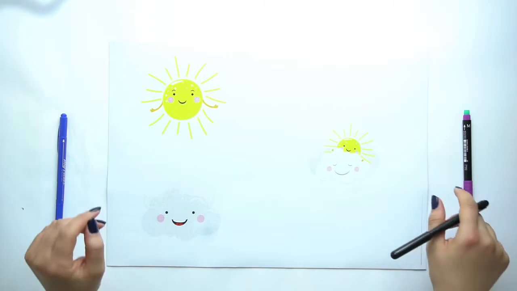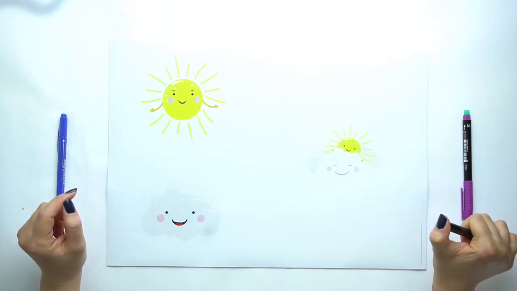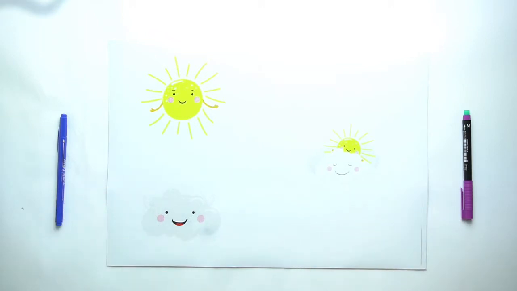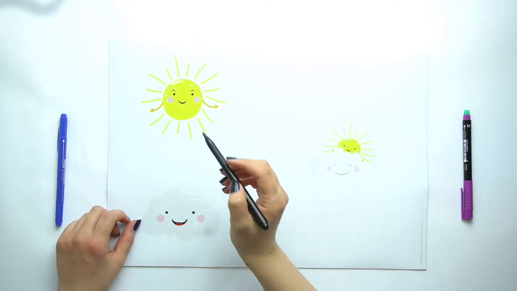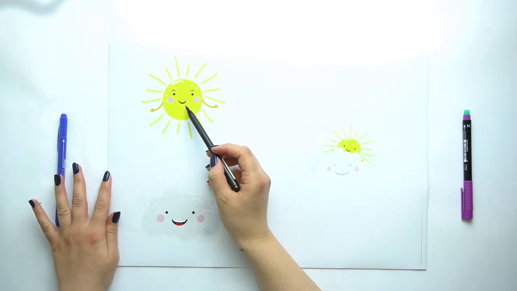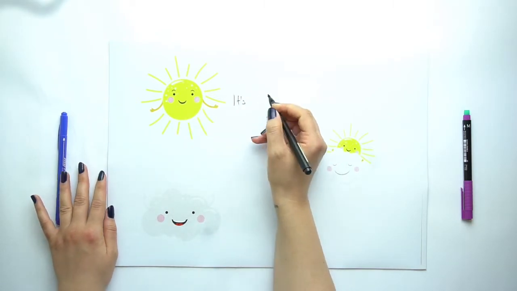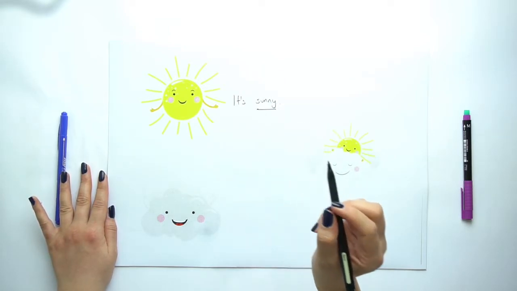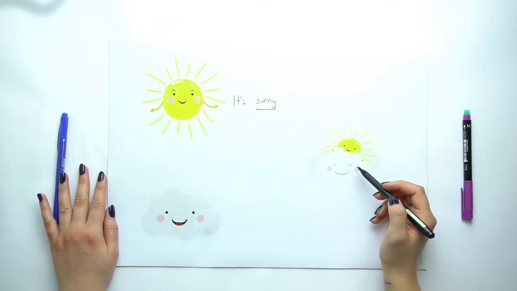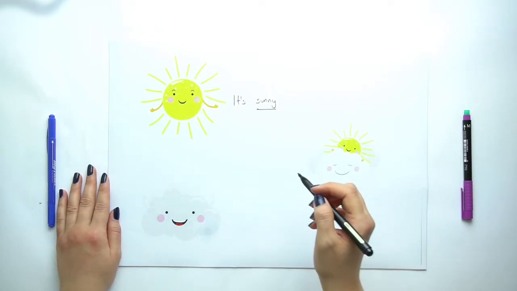Okay, so here we will do some practice about different types of weather. Alright, let's have a look at them. What is the weather like? Okay, first picture. What is the weather like here? It is sunny, as you can see. What about the second one? What is the weather like in the second picture?